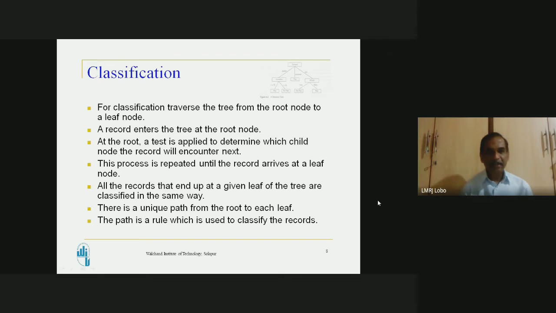This process is repeated until the record arrives at the leaf node. All the records that end up at a given leaf node are classified in the same way. Thus, we are doing a classification where there is a unique path from the root right up to the leaf, and the path is a rule which is used to classify the records.